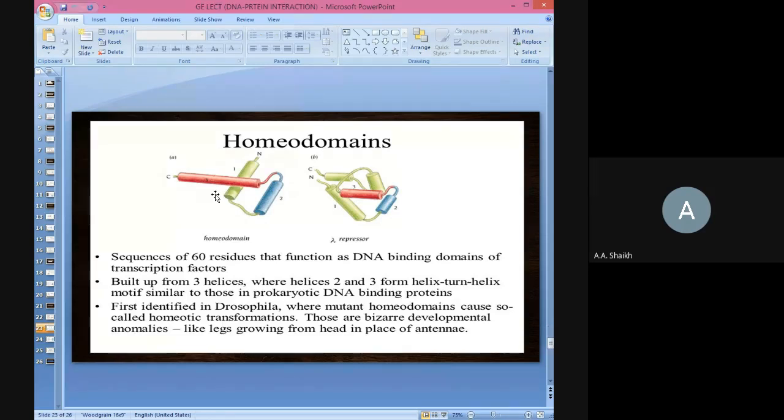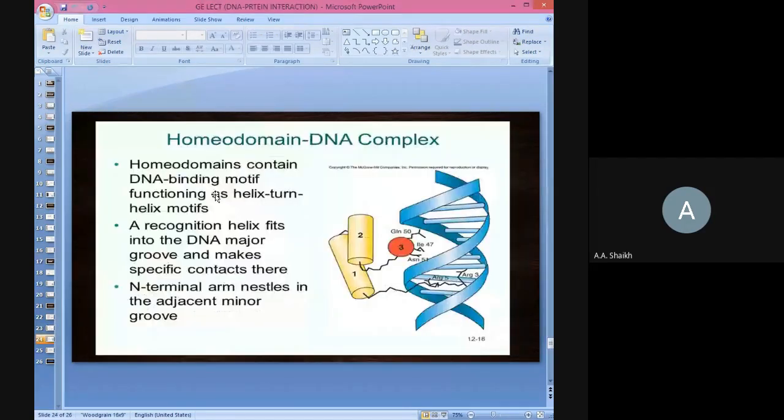So all these homeodomains contain DNA binding motifs or domains, which function as a helix turn helix region, and these interact with the DNA at the major groove only.